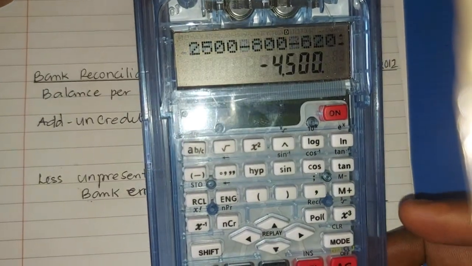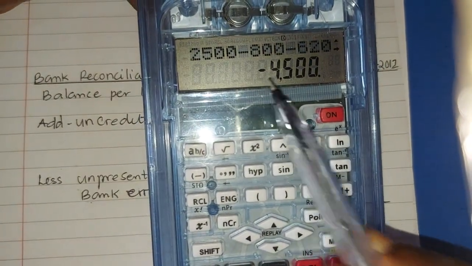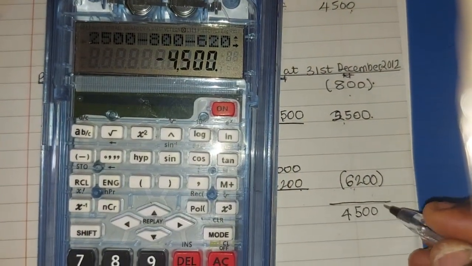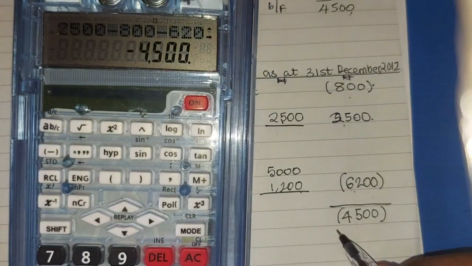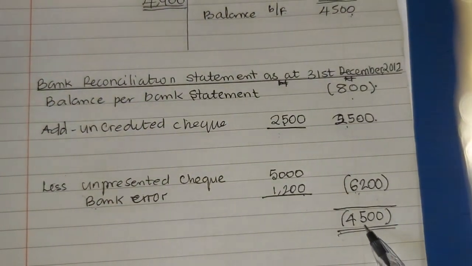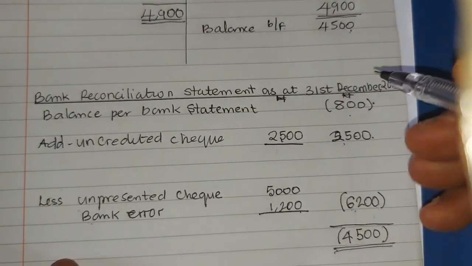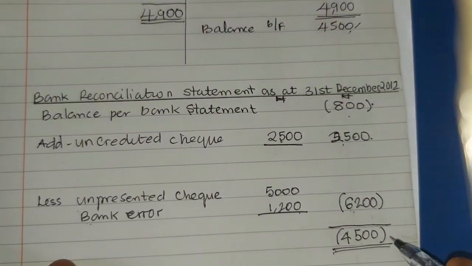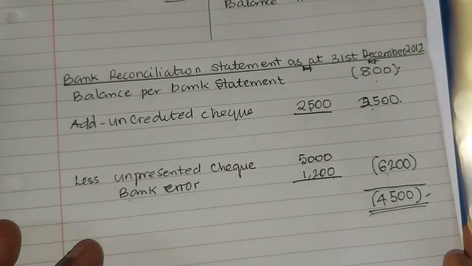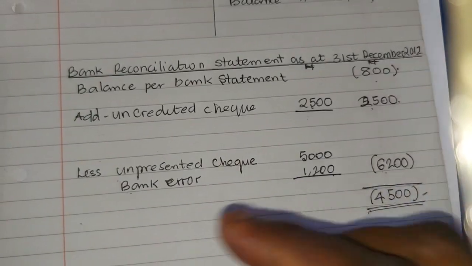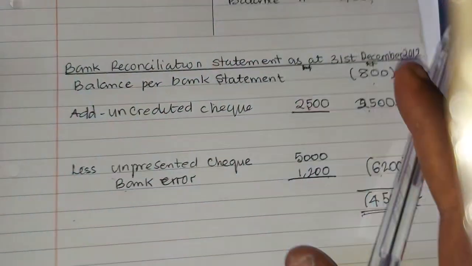That is a negative 45, which means it is an unfavorable balance. So look at the 45 here, and look at my 45 here. So that is an overdrawn balance as per bank adjusted cash book.